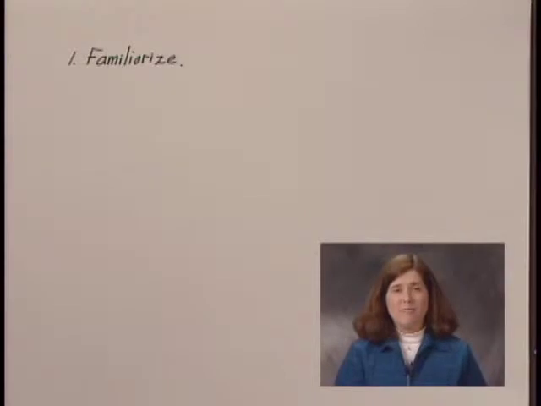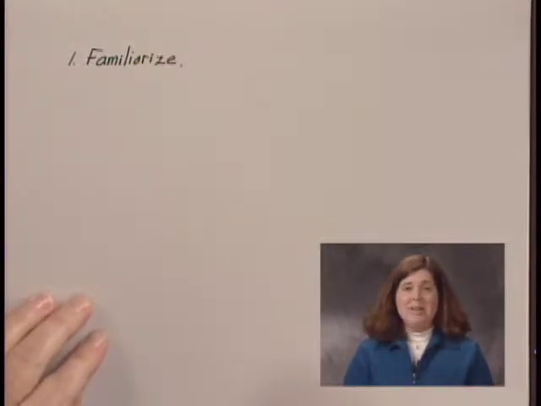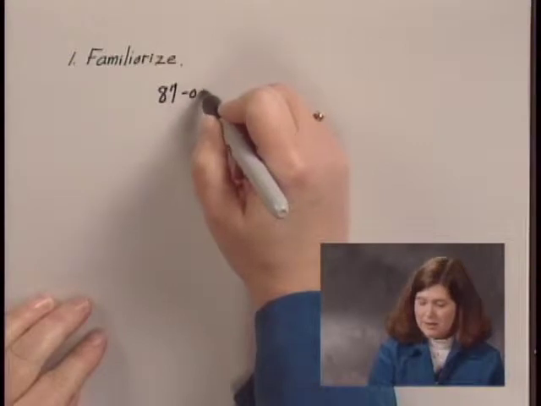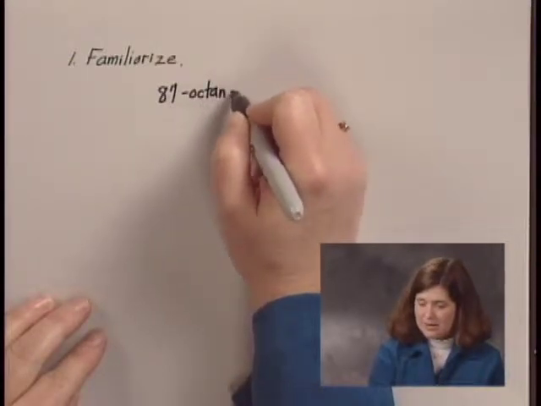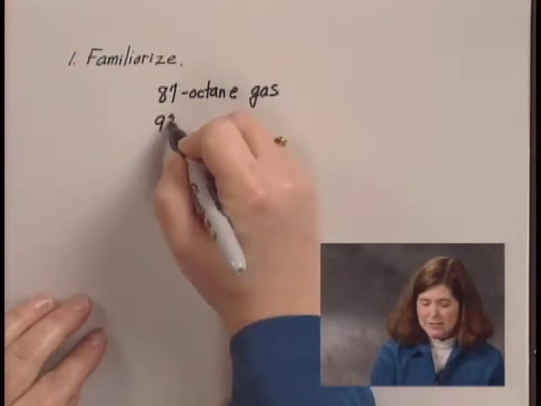The first step is to familiarize ourselves with the situation. Since we have a mixture problem, we'll organize the information in a table. We're going to start by defining variables. We want to mix 87 octane gas and 93 octane gas.